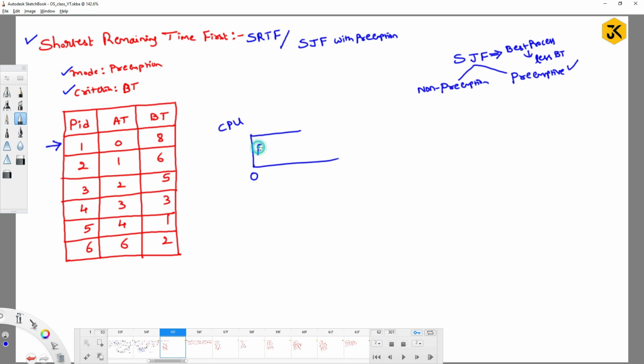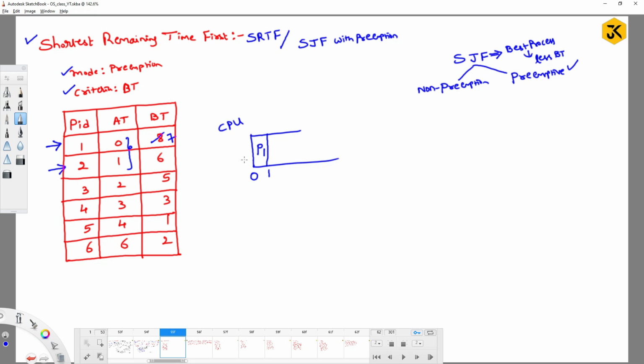So P1 will get the chance and will execute for 1 unit of time. The reason is, when it completes 1 unit of time, there will be one more process readily available. As P1 is executed one unit, the leftover burst time is 7.